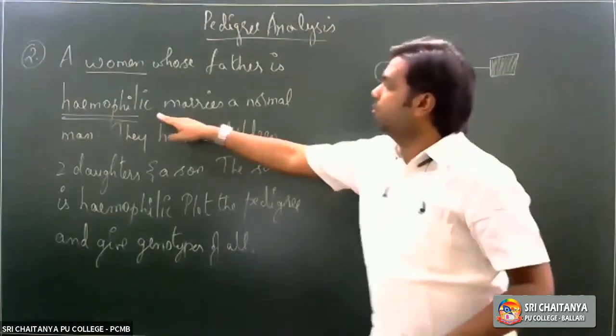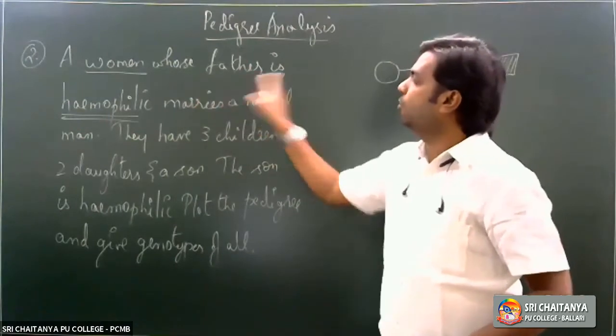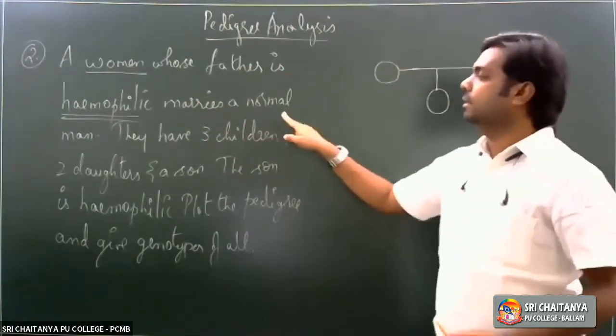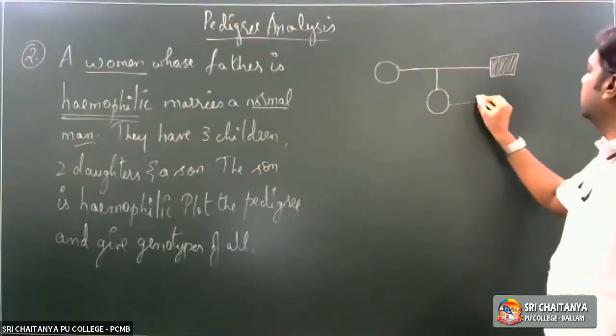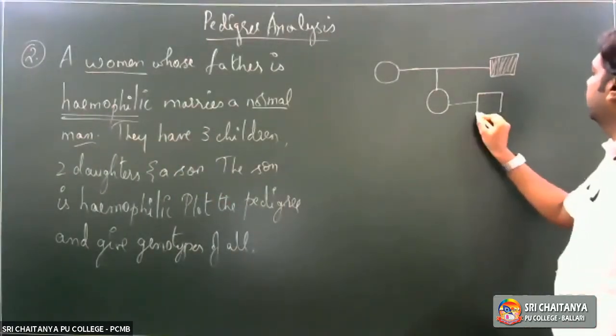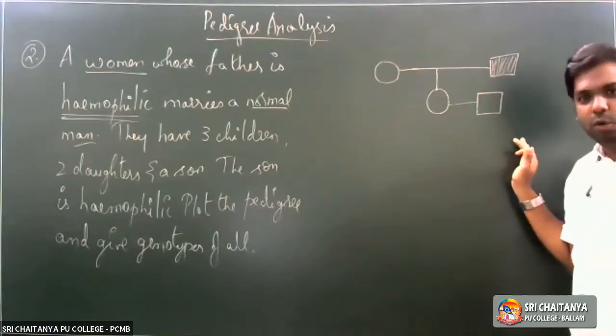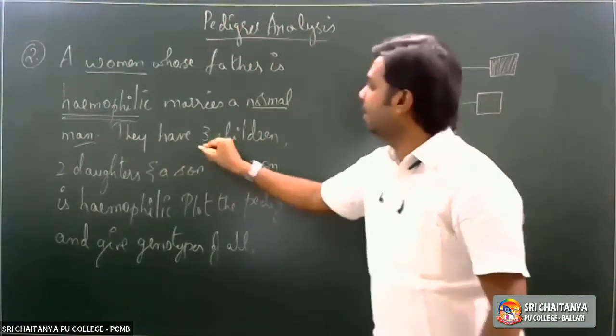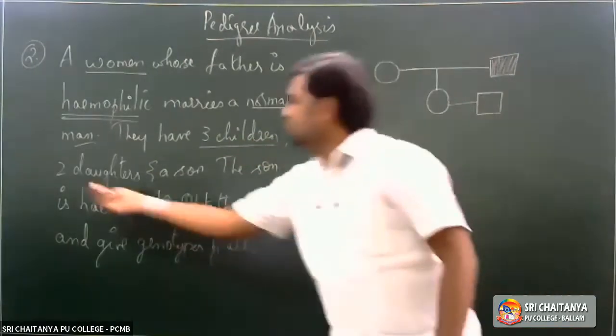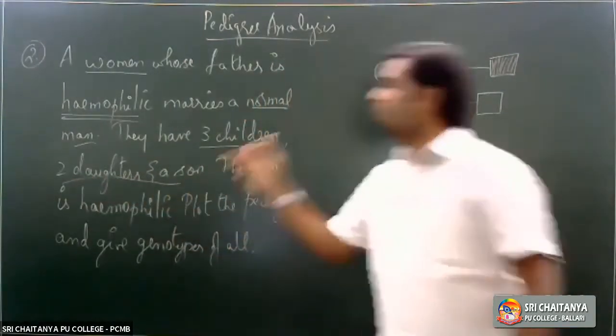Now this woman, whose father is hemophilic, marries a normal man. Right. This is how we start denoting it. Once this woman marries a normal man, they have 3 children, of which 2 are daughters and 1 is a son.